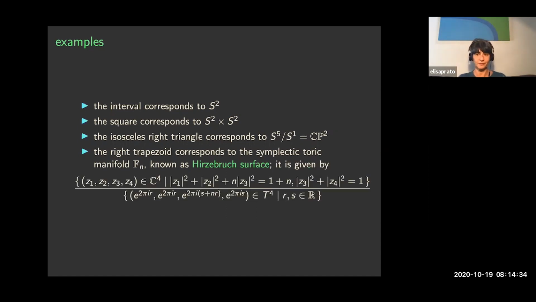Just to give you a flavor of what these reduced spaces look like, this is the reduced space that one gets from the trapezoid. So it's a quotient of a submanifold of C⁴ mod the action of this subgroup N, which is a subtorus.